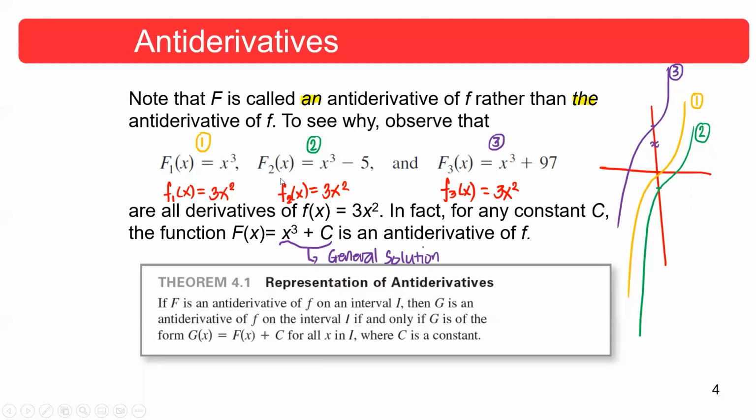But if I say, look for the antiderivative of 3x squared, and then the graph should pass through negative 5, you know that it's graph of number 2. So the function should be x cubed minus 5. But if I say the graph should pass through the origin, you know that it's simply x cubed. Can you follow that, guys?